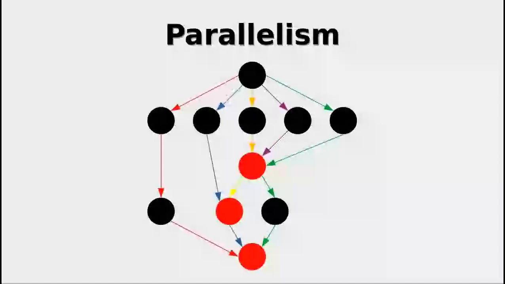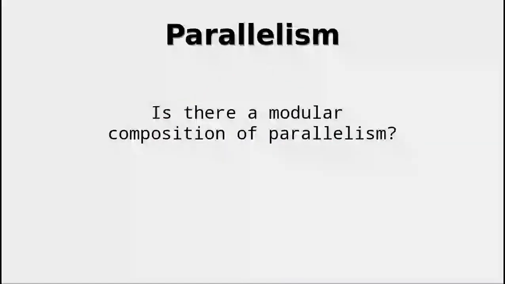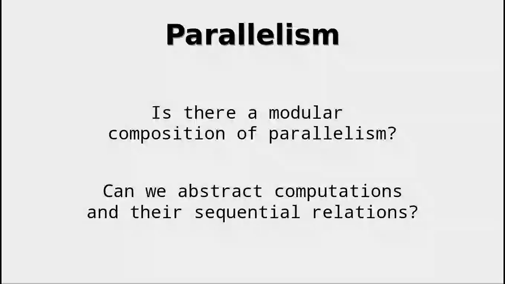So, we want to ask the question, is there a modular composition of parallelism? So the question here is, can we, in a modular way, compose such a parallel program so that all of these sequential relations are well satisfied? And then that leads us to another question, which is, can we even abstract computations and their sequential relations?